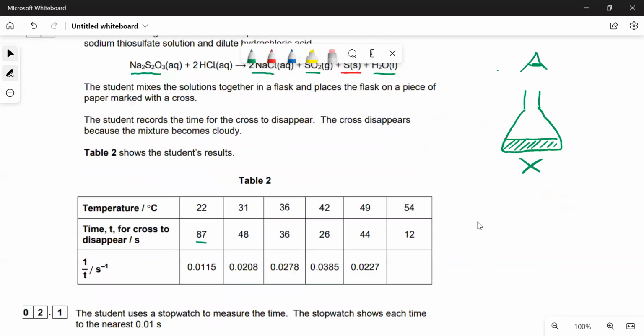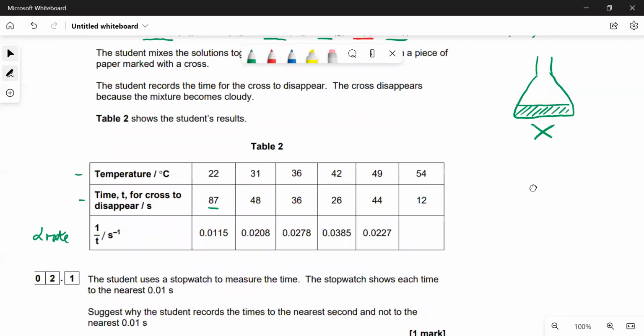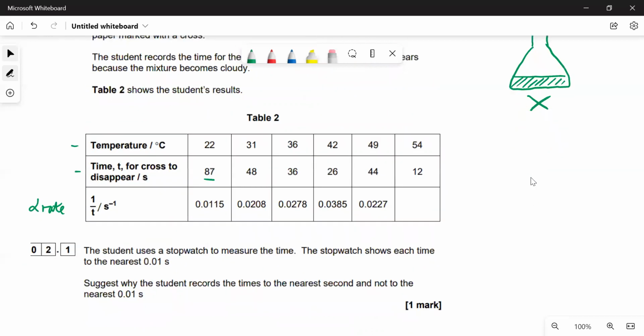So they've done different temperatures, measured the time taken to disappear, and then here you see this familiar thing where they put 1 over the time taken. This is proportional to the rate. The rate of reaction is proportional to 1 over the time taken, so that's how they're calculating rate there. Okay, let's do the questions it asks then. So the student uses a stopwatch to measure the time.